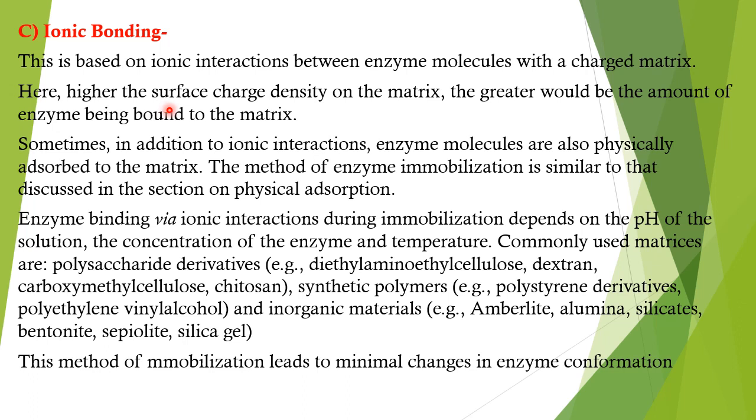The higher the surface charge density on the matrix, the greater the amount of enzyme bound to the matrix. Sometimes, in addition to ionic interaction, enzyme molecules are also physically adsorbed to matrices.